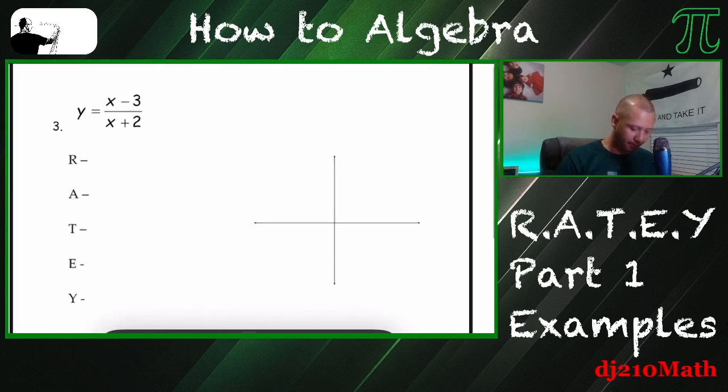All right. Number 3. We'll set the top equal to 0, because this will tell us our roots. So we have one root at x equals positive 3. So I know that one of the branches is going to cross at positive 3.